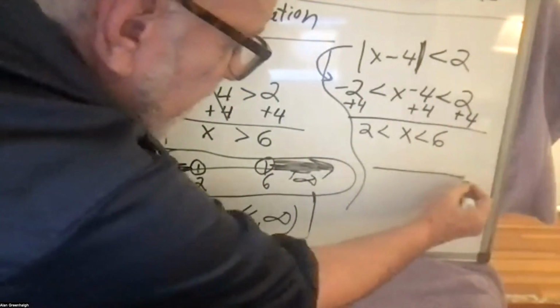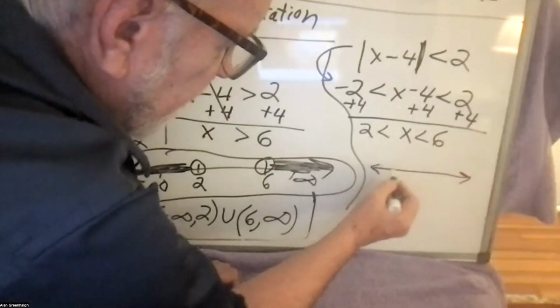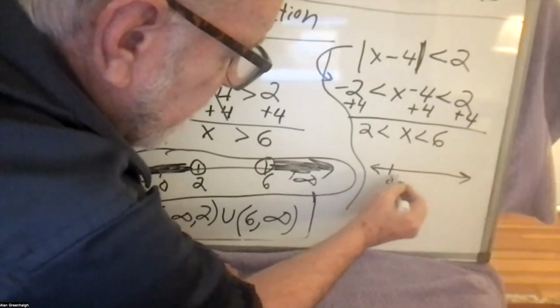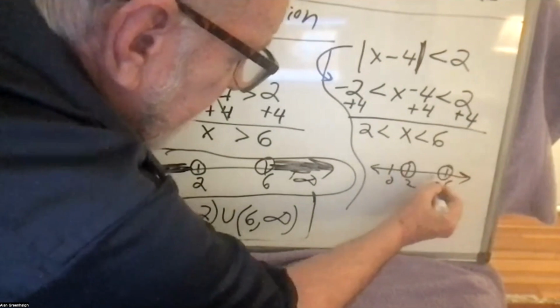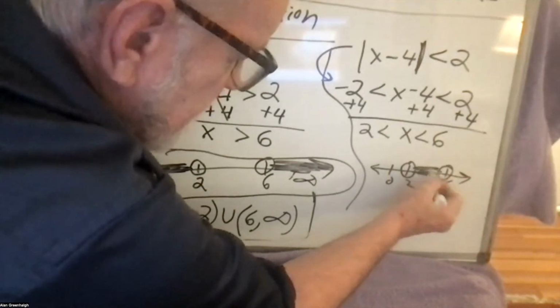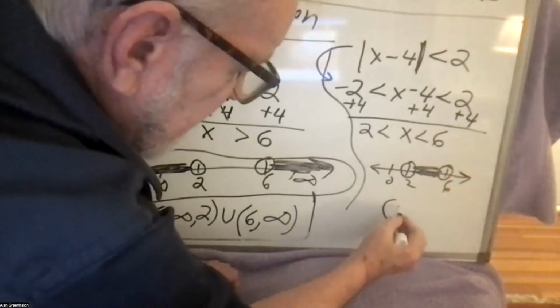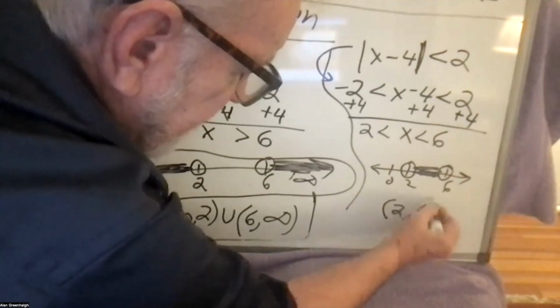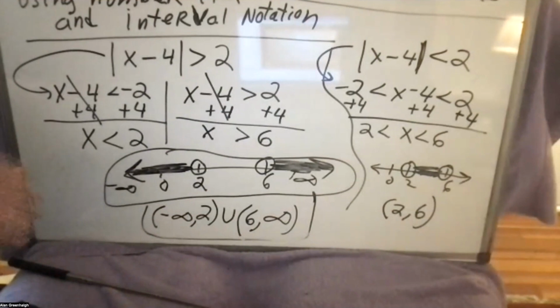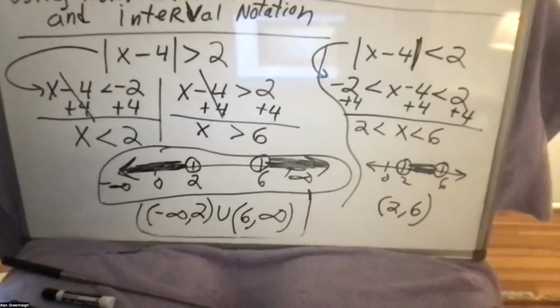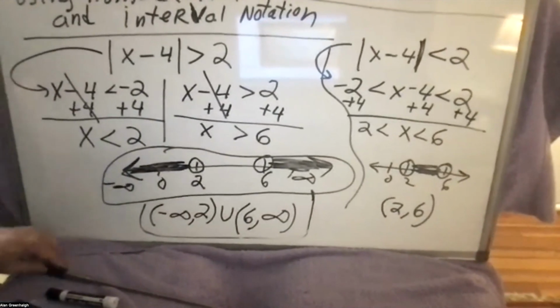And in a number line, it will be 0, 2, 6, open circles, and in between. And in interval notation, this is what it would look like. That's it. Notice the difference.